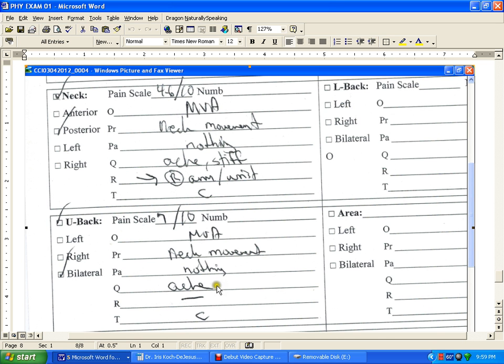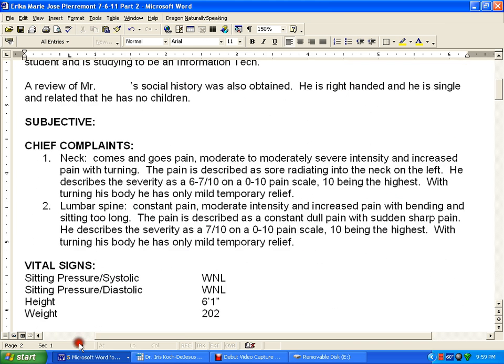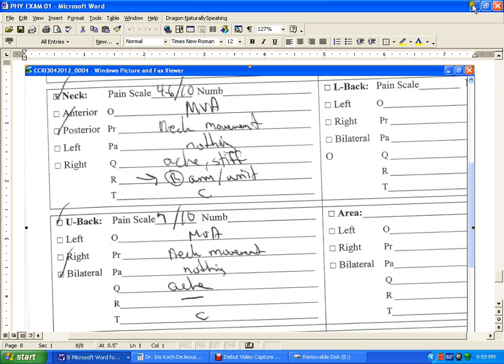And then we come down here to the Q. Okay, the pain is described as ache. And there is no R written in this case, so we don't put it in.